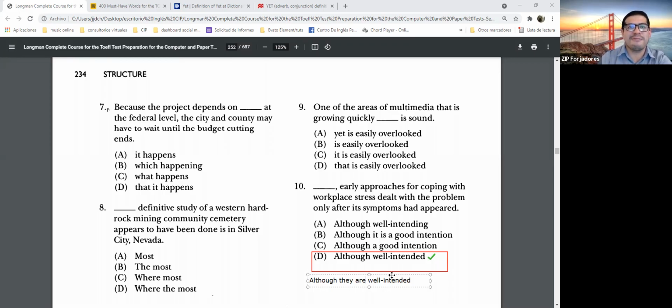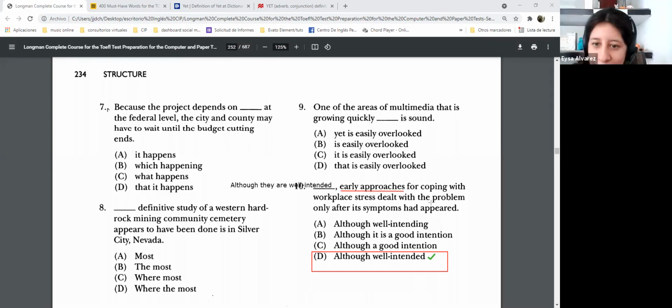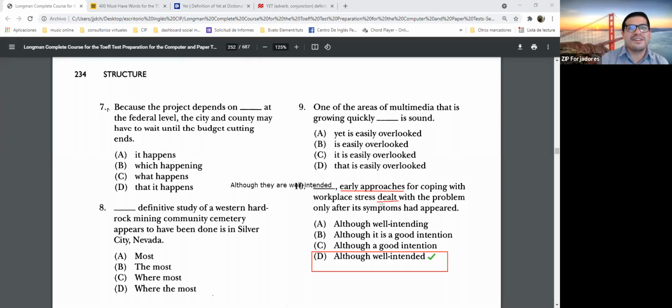So imagine that we have all this clause here at the beginning. And the reduced one is without the they and the they are. Let's just analyze very quickly the other one. Early approaches is the subject, right? For coping is a prepositional phrase. Dealt is the verb.